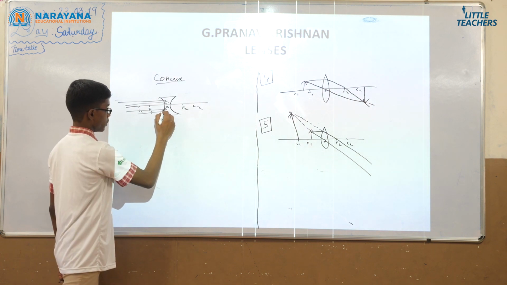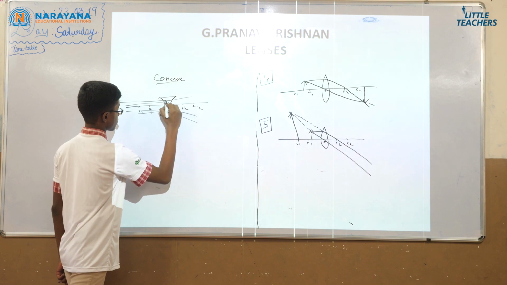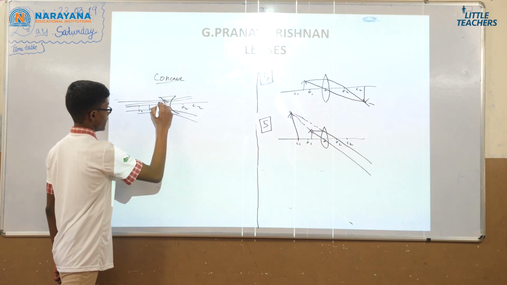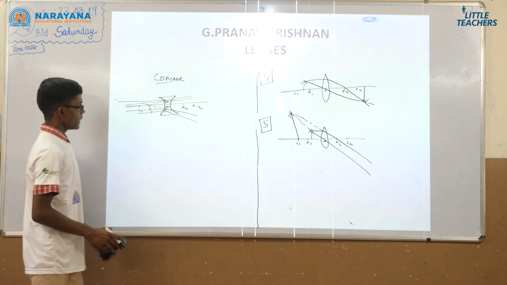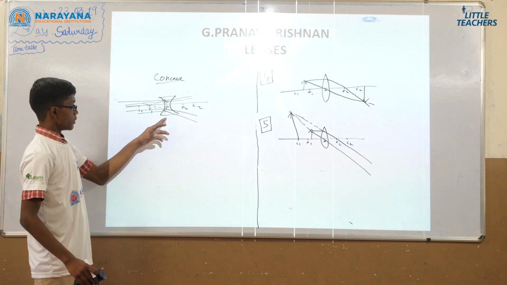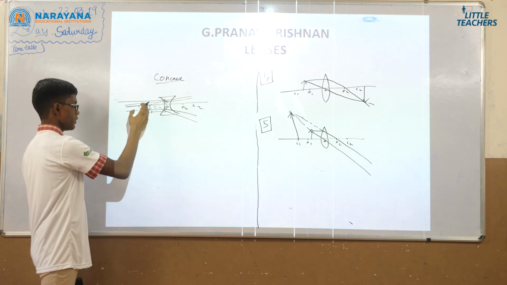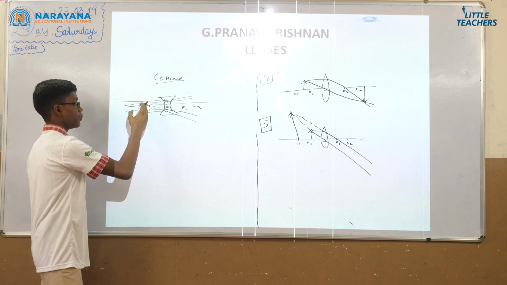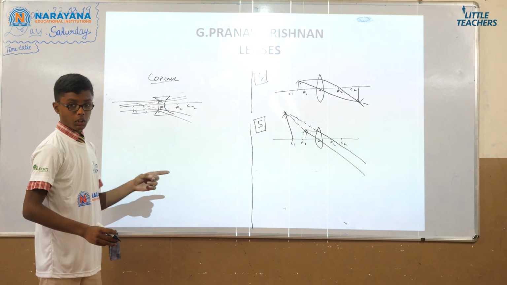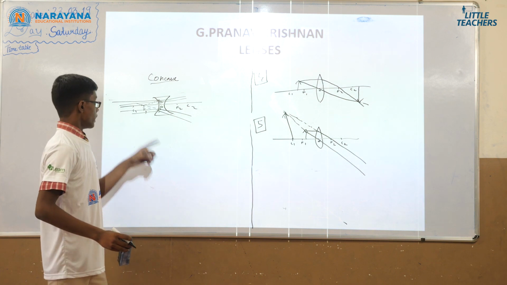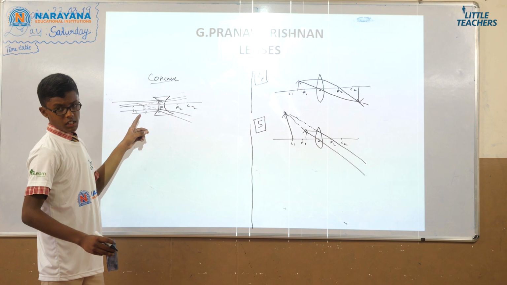These rays diverge. So now extend these rays. While you extend these rays they meet at a point which is the focus, and this is the point where the image forms. So the nature of the image is virtual, erect and highly diminished. The position of the image is the focus.